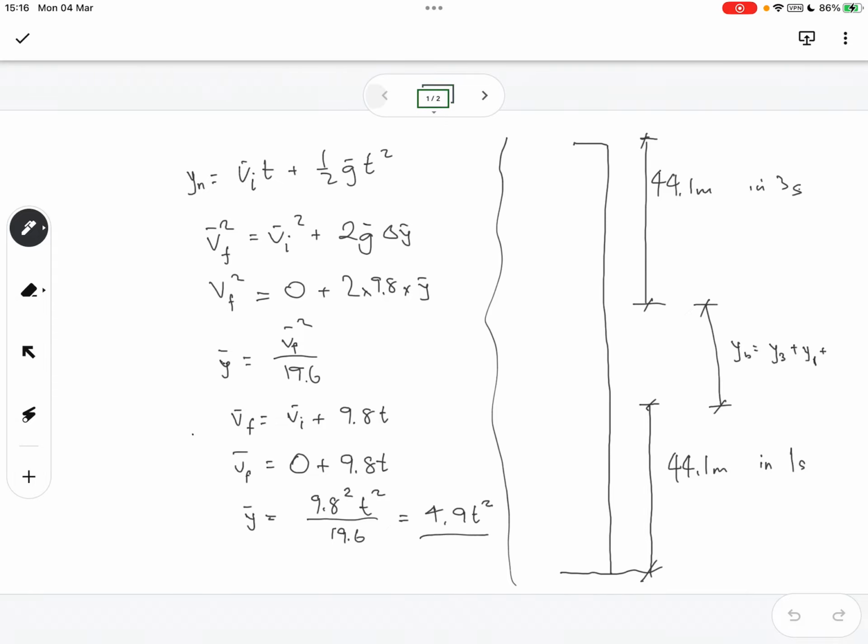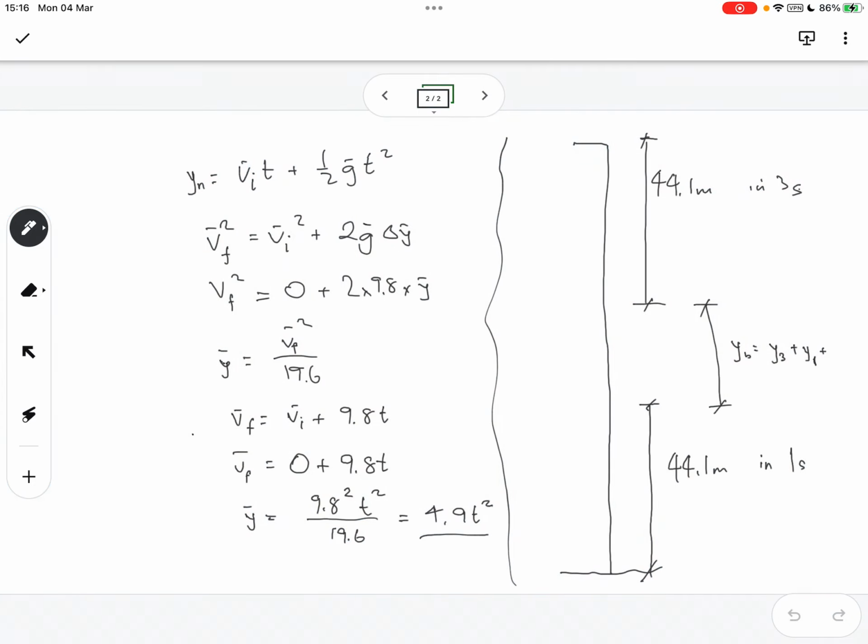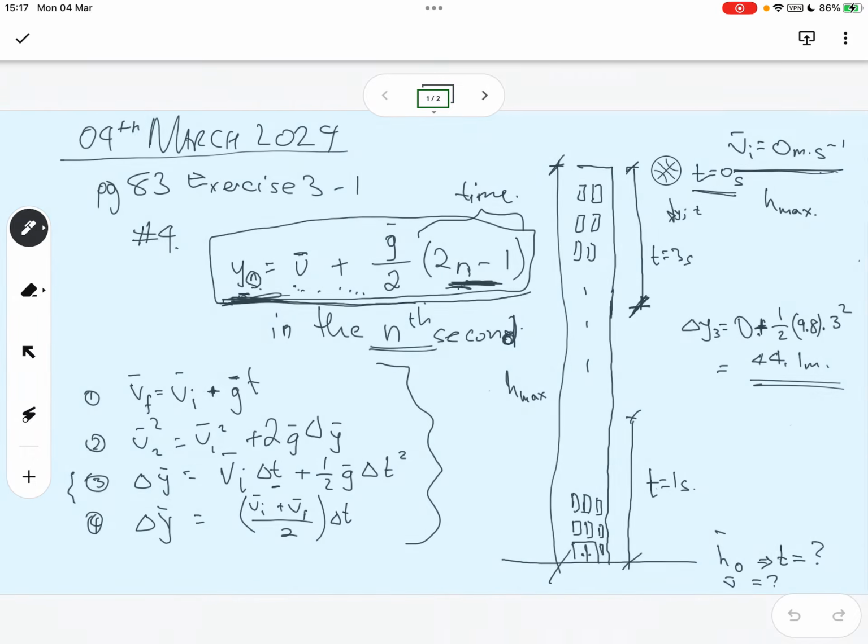First, we don't know how much time it takes to travel that distance. We also don't know the velocity there.